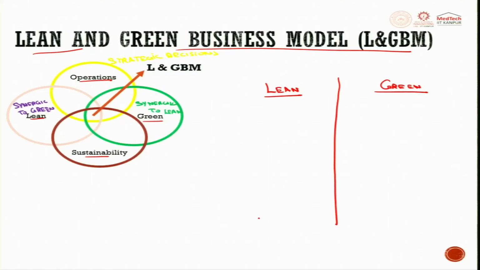So to provide a little difference between them, how do we put them together? Lean is synergic with green, it is already written. It focuses on the value stream, that is, at what value this specific process offers. Value stream analysis asks, is this value really required or not? So this is value stream, and the green side is surrounded by impacts.